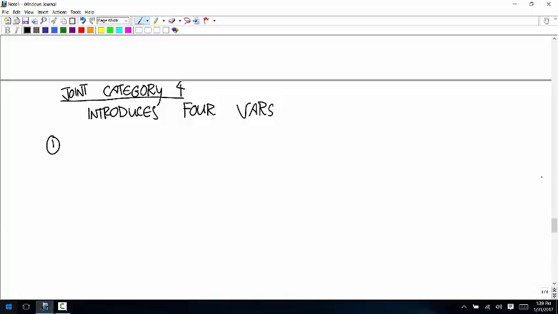And the one type of joint in this category is a pin joint without thrust. So let me show you what that means.